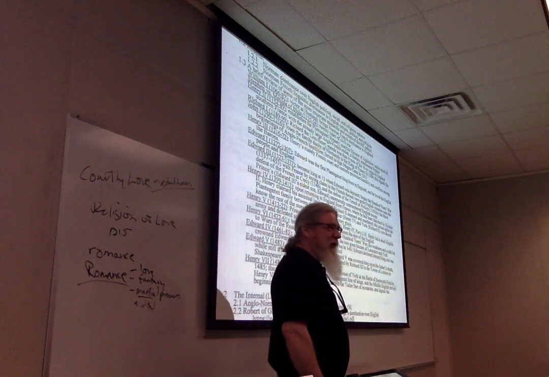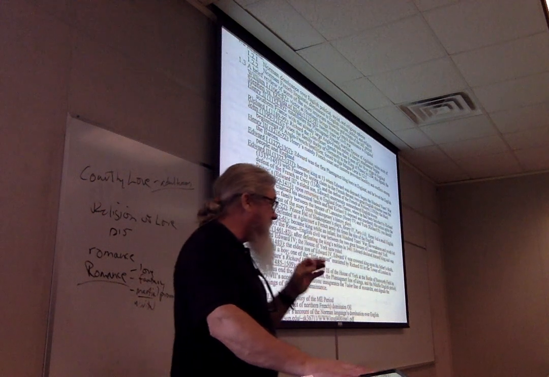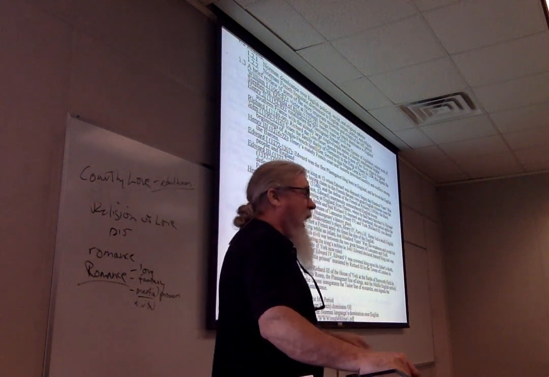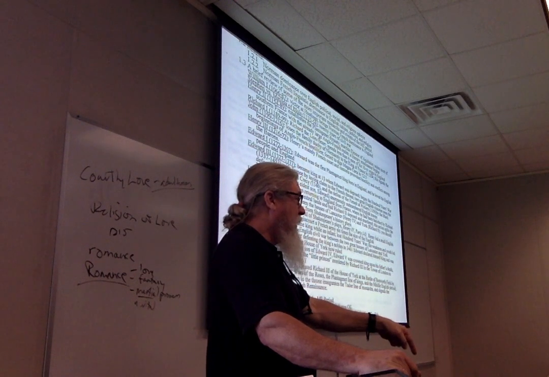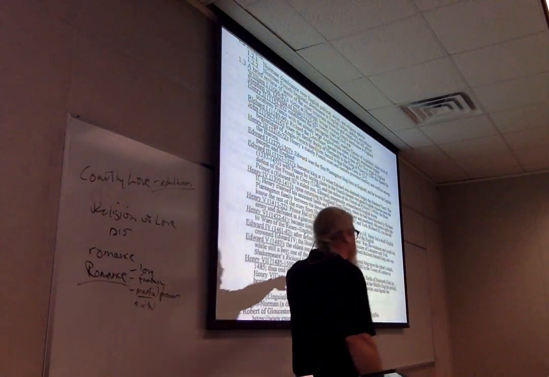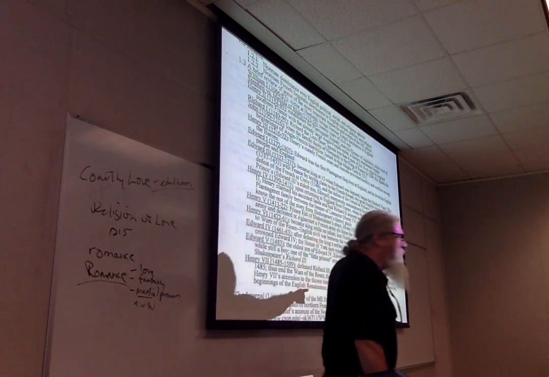Some alarm bells start to go off. So they do DNA testing on the skeleton, takes about a year and a half, and it's conclusively proven this is Richard III.